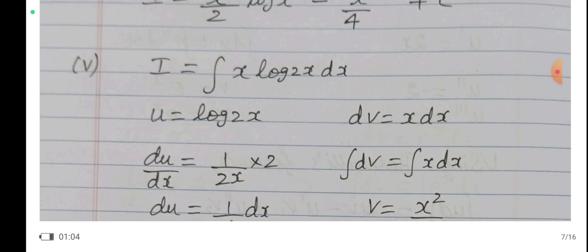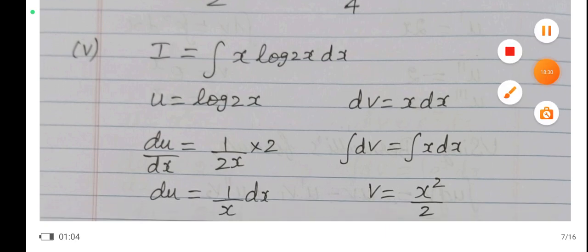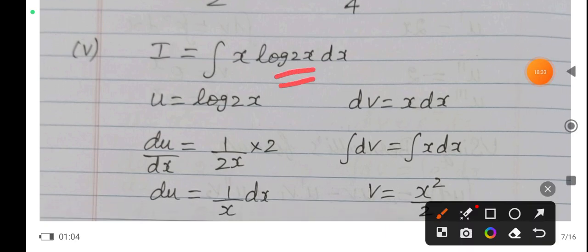Easier, check. Same way only, but instead of log x, we have log 2x. So since it is a logarithmic function, LAE, log we have to consider as u and dv we have to consider as x dx. Make sure, dv. In the product rule I have taken uv, so u and v like that don't take. Always integrate by parts when you are doing dv.